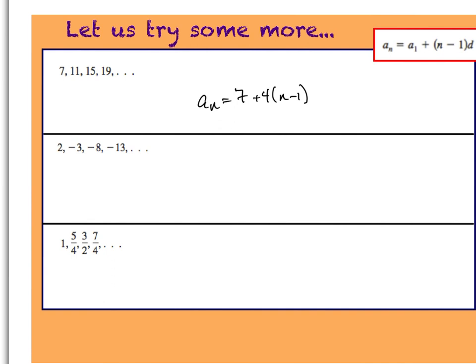I'd like you to try the other two. A sub n is equal to 2 plus negative 5 times n minus 1. Good. Pick somebody. Zach. For the second one, a sub n equals 1 plus 1/4 times the quantity n minus 1. Good. Pretty good.